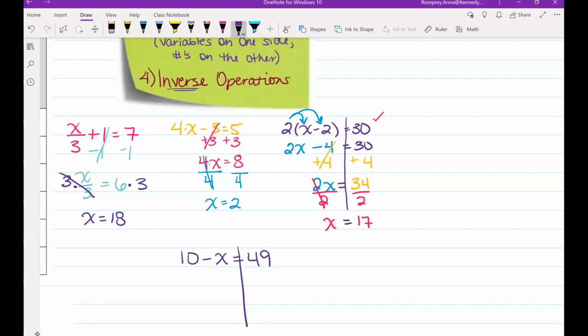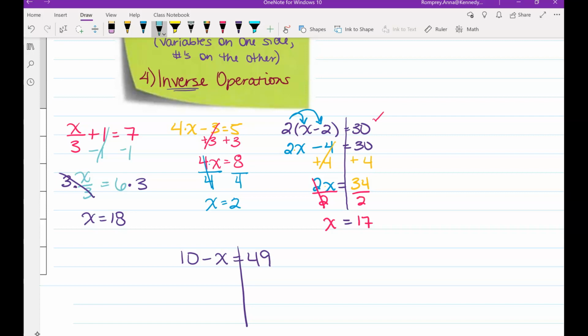So now we're going to isolate this x by using inverse operations. All right, now how do I get rid of this 10? When you're looking at something and there's not an operation, so there's not a plus, minus, multiply, or divide in front of the number, ask yourself, what kind of 10 is this? It's a positive 10.